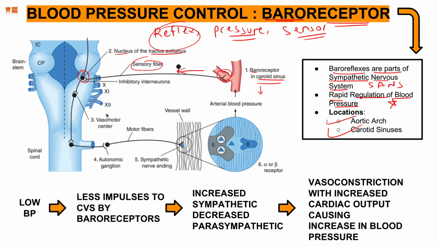That information is then relayed to the vasomotor center, which is inferior to its location, and then the autonomic ganglion, and ganglions are basically a relay center to the specific part.